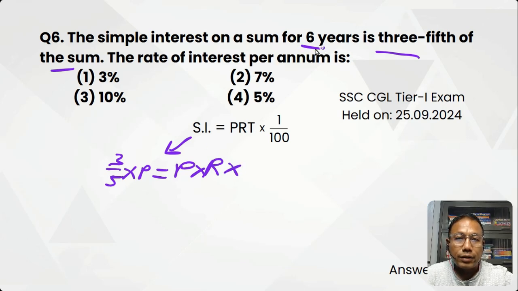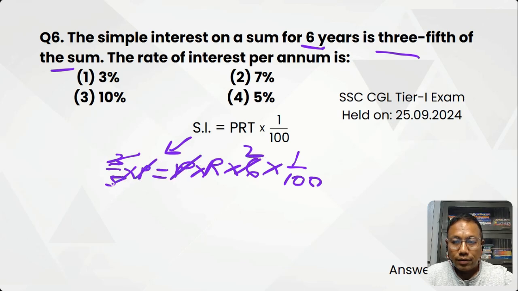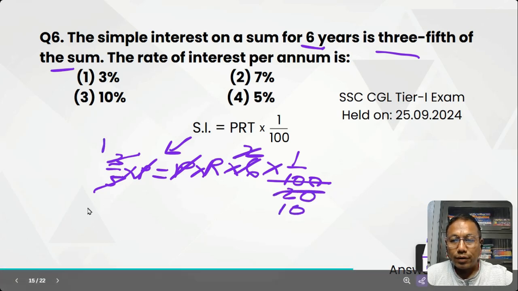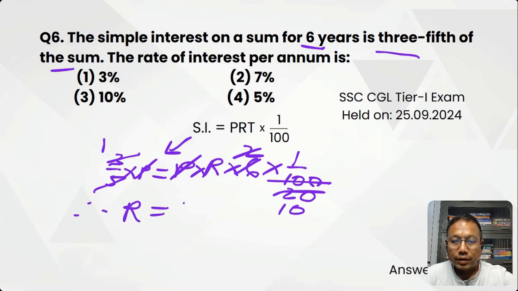Time is 6 years, into 1 by 100. Cancel it. 3 twos are 6. PP cancel. 5 twos are 10. 0. 2 ones are 2. We have 1 here. Cross multiply. R is equal to 10. 1 is 10%. Is it easy or difficult?